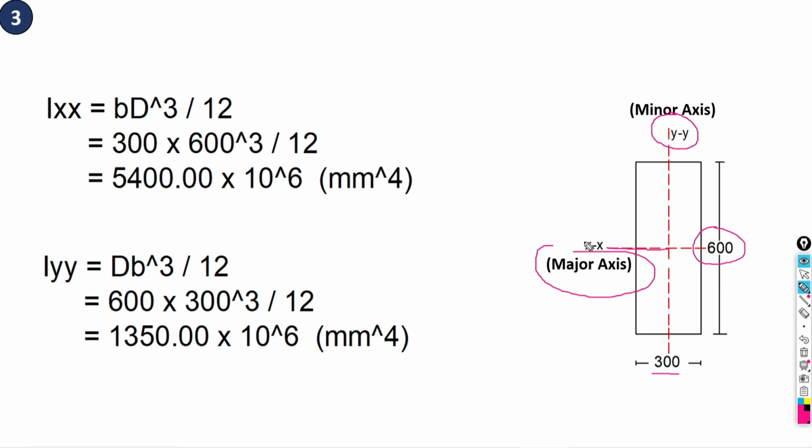Why am I going to call them major and minor, x and y? Because it depends on your stiffness about that particular axis. The stiffness of the column, which we represent as k, is directly proportional to your moment of inertia.